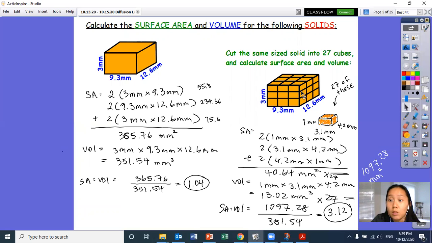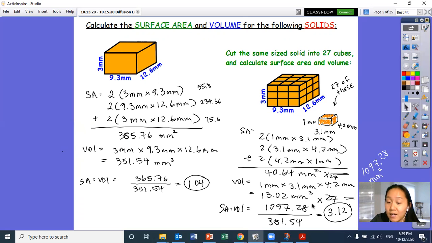So that means that there's a lot more surface area now because you're going to take the surface area of each little cube. So 3 divided by 3 is 1 millimeter. It's 1 millimeter tall. 9.3 is 3.1 for the base, and then 12.6 divided by 3 is 4.2 as the width. And so when you multiply out the surface area for each small one, you then get to times a 27 factor because there are 27 cubes.